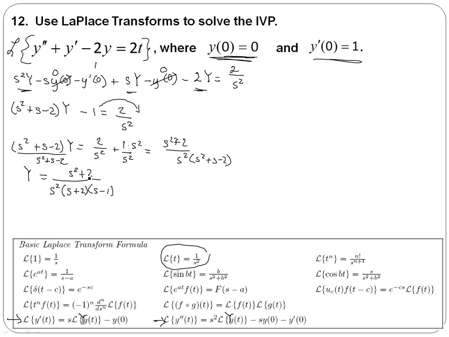Okay, so we've taken the equation, converted it to really an algebraic equation that we could solve for Y. And now to get our solution to the differential equation, we need to apply the inverse transform.